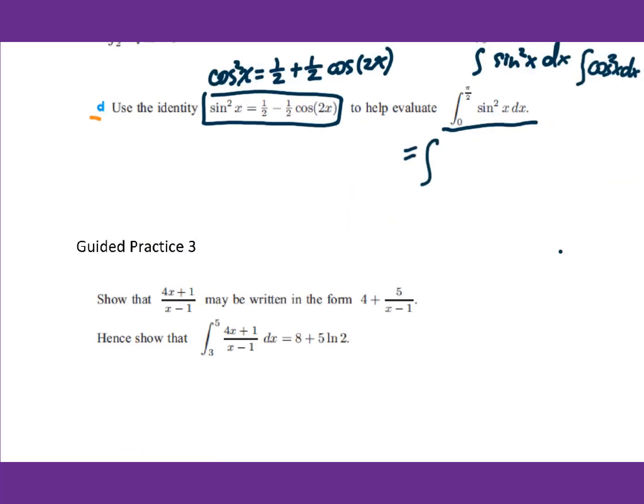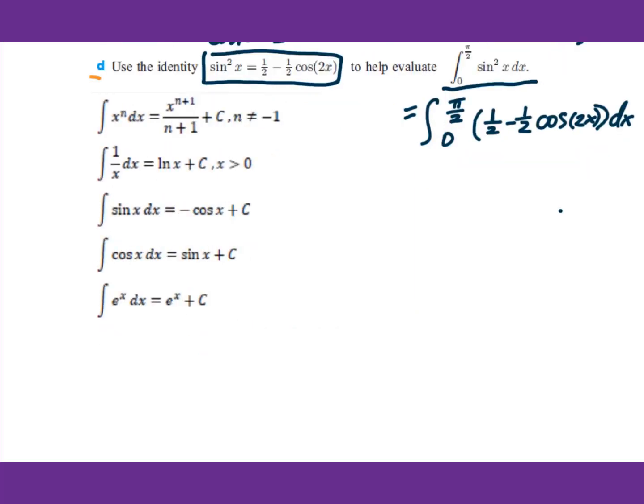So first of all, we got to use this formula. Then you can get 1/2 minus 1/2 cosine 2x, like this. According to the formula, indefinite integral of constant number a equals ax plus c.